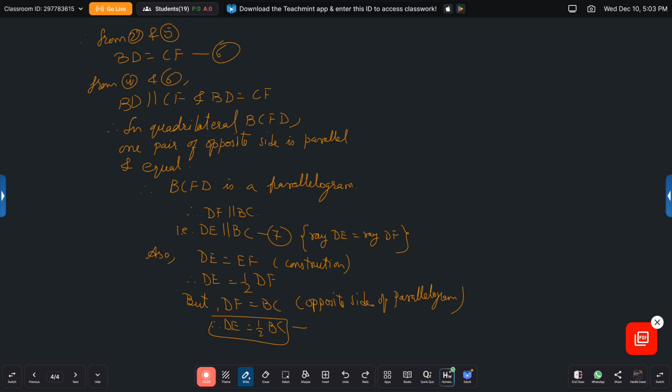So you can see over here in 7, DE is parallel to BC, and in 8, DE is half of BC.